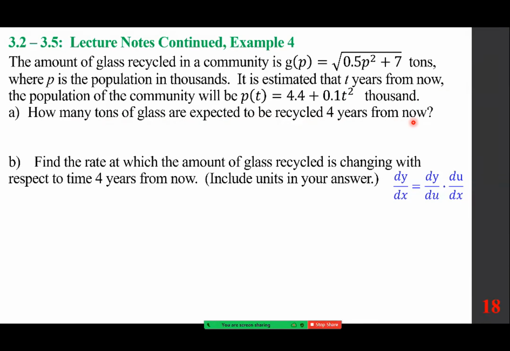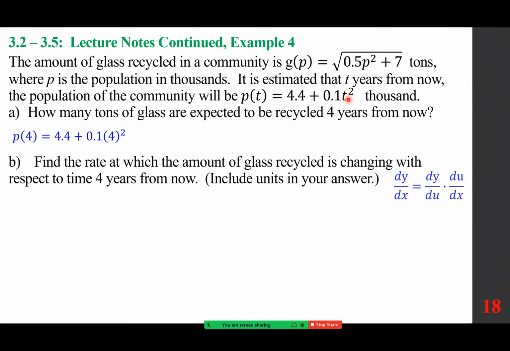Well, again, this part is elementary algebra, and that means you want to plug in T equals 4 first to find the population. 4 squared is 16. 16 times 0.1 is 1.6, and 4.4.